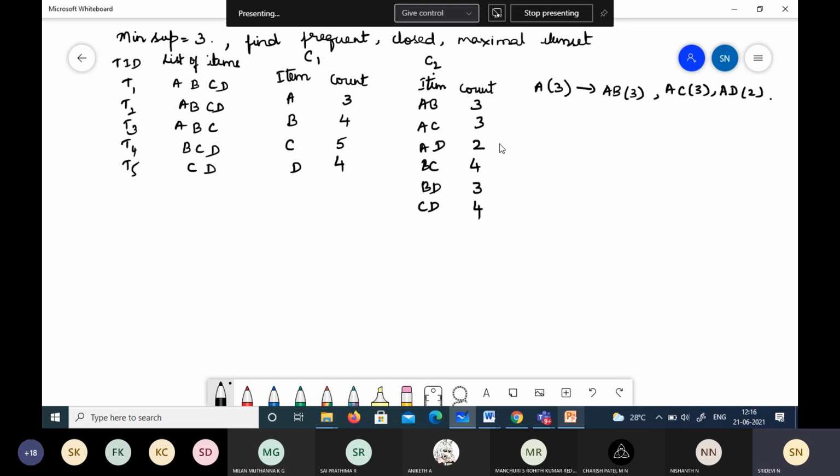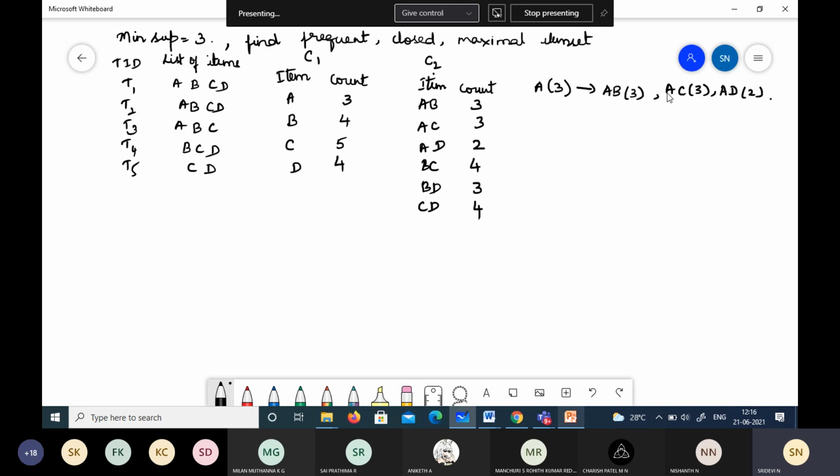Now we will consider an item as closed only if its count is greater than its supersets' counts. But here A is not closed, because the counts of its immediate supersets are 3, 3, 2, so some of the immediate supersets have the same count as the item A. So we cannot consider that as closed.